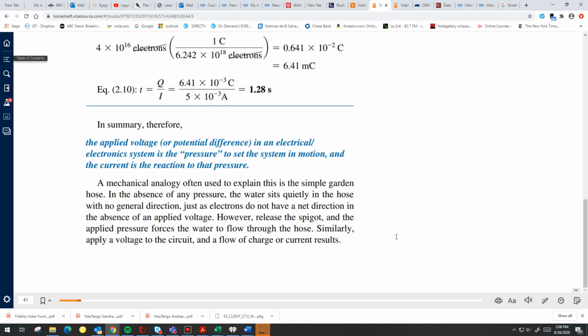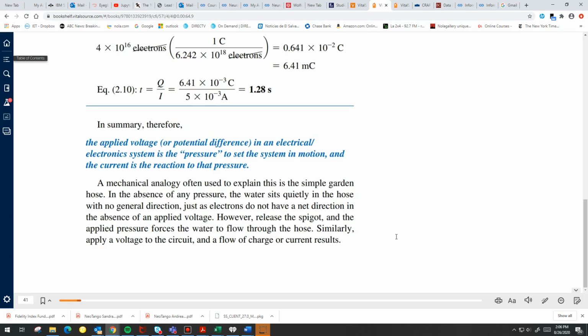Okay, think of that pressure as the voltage, right? The more you open up that valve, the more pressure you have and the more water flows, correct? Think of the water droplets as the electrons or the current, right? The more you close that water faucet, the less current is going to flow, the less water is going to flow.